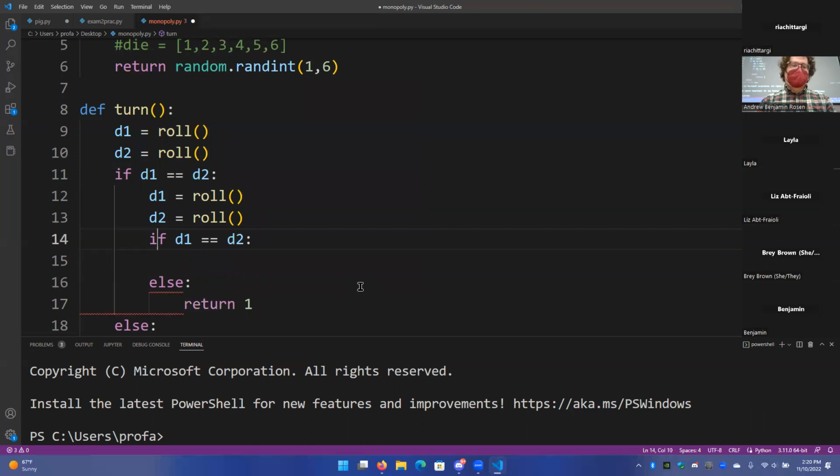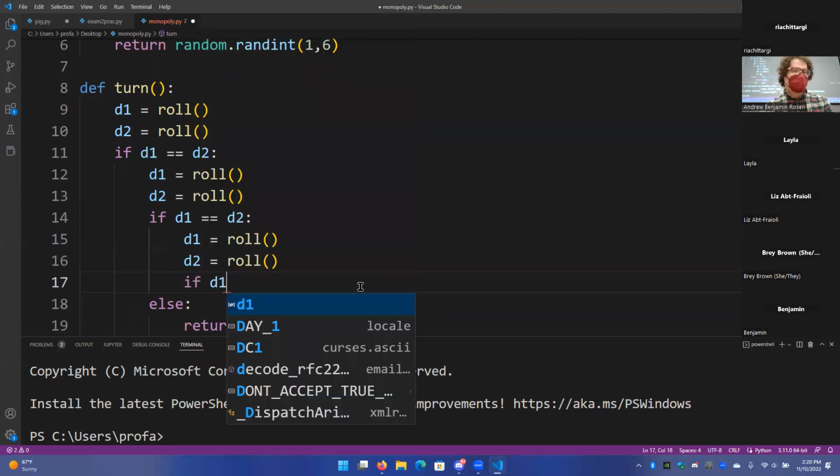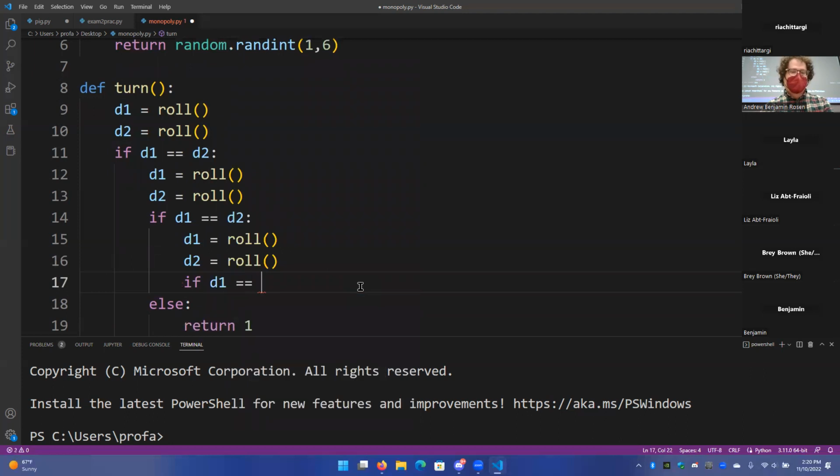And so we repeat this again. So if I rolled 1 and they're the same, and then I rolled 2 and they're the same, okay, then I'll roll it a 3rd time. And I have to ask myself, this is the last one, I swear, if they match again.